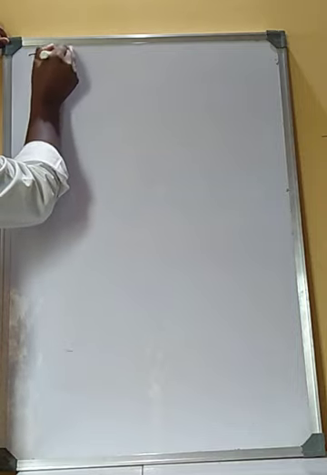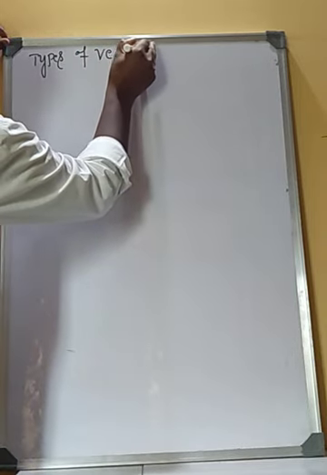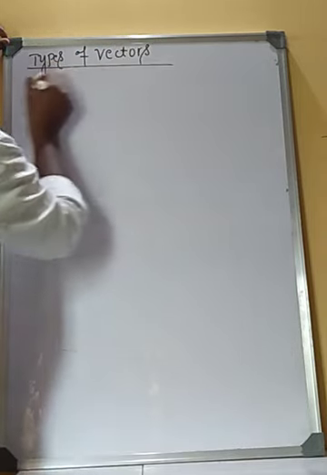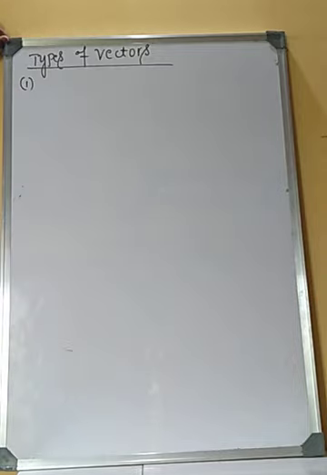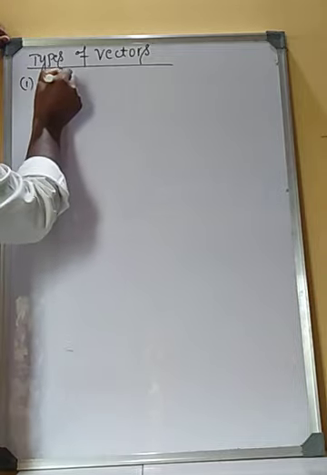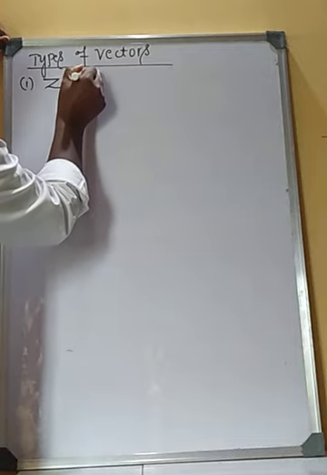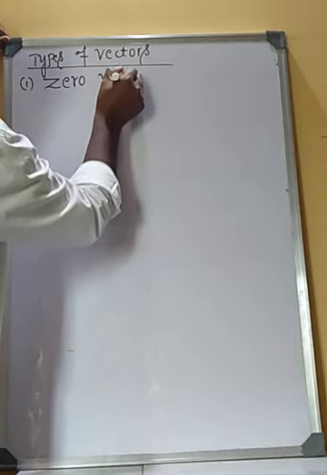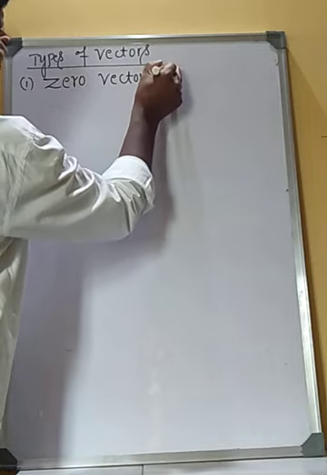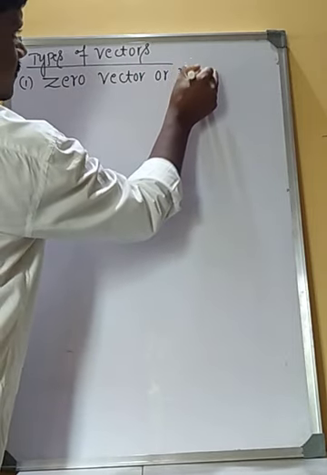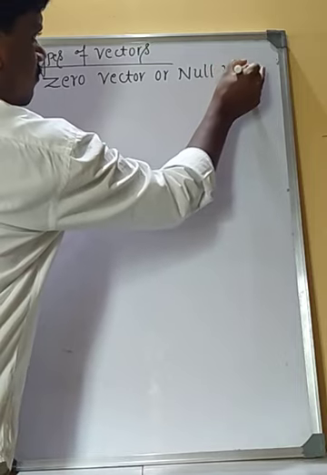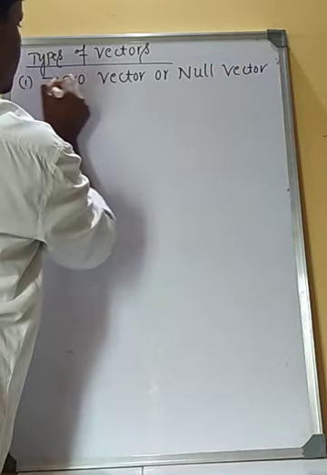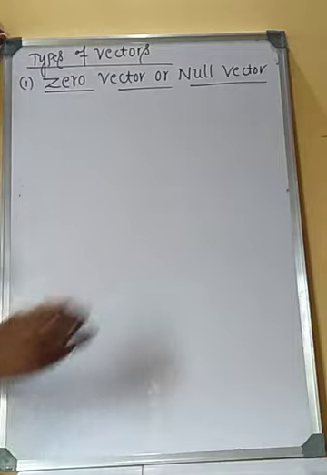The next, types of vectors. What are the types of vectors? First one, zero vector or null vector. What is a zero vector?